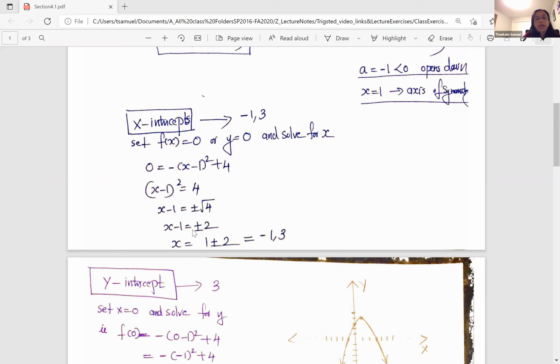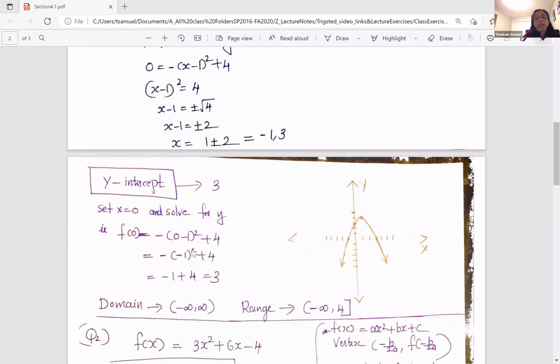So x minus 1 equals plus or minus 2. Make sure to consider both positive and negative values. Add 1 on both sides. One value is 1 plus 2, that is 3, and another value is 1 minus 2, that is negative 1. So the x-intercepts in terms of ordered pairs are (-1, 0) and (3, 0).